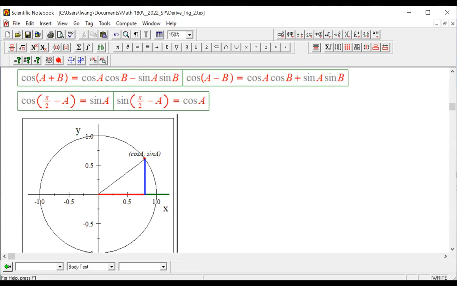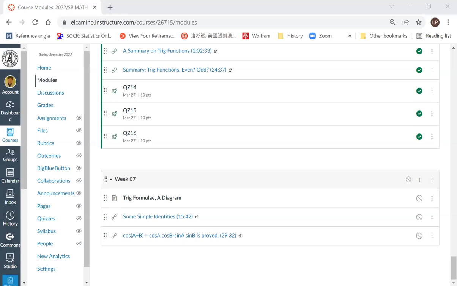The roadmap I'm going to show you is in your homework, in the module for week 7.